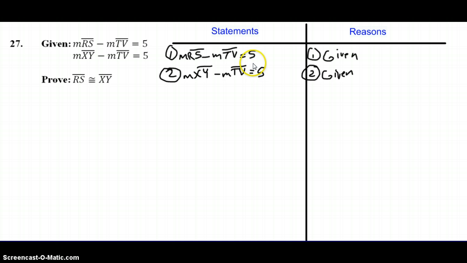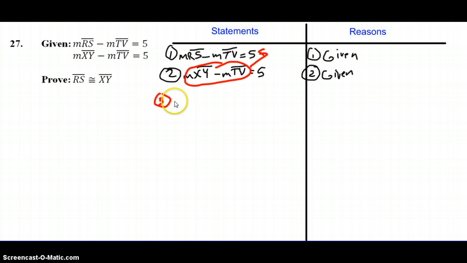Because both of these statements, RS minus TV and XY minus TV, both equal 5, we know that these statements are the same. So in place of 5, I can put one of the statements. I can actually set them equal to each other.